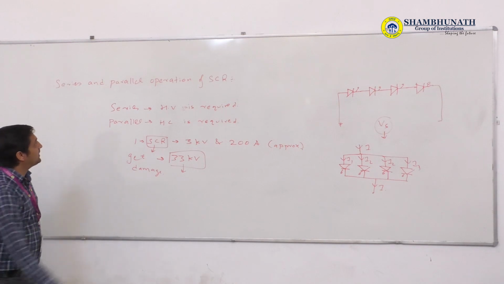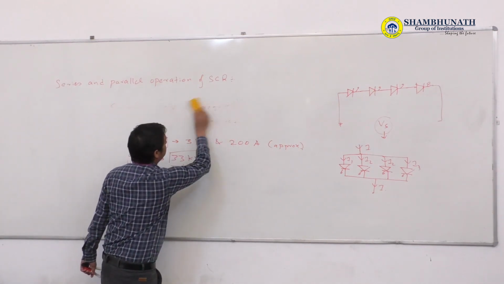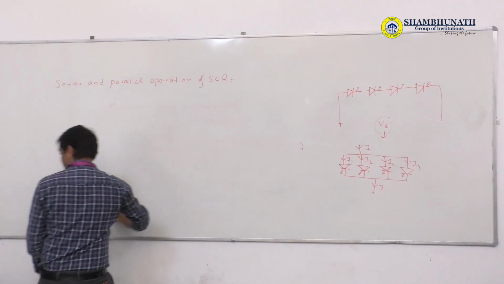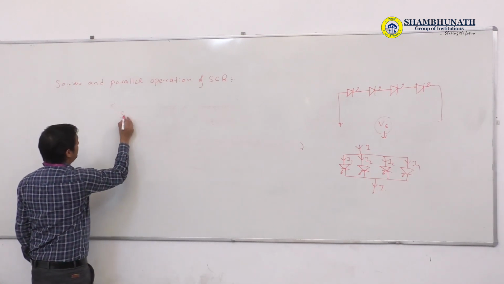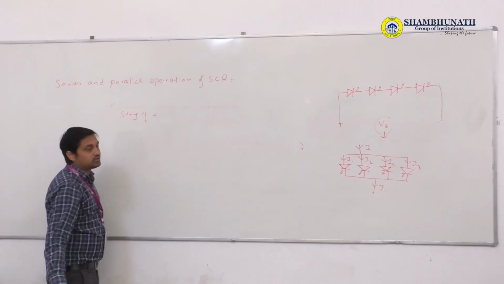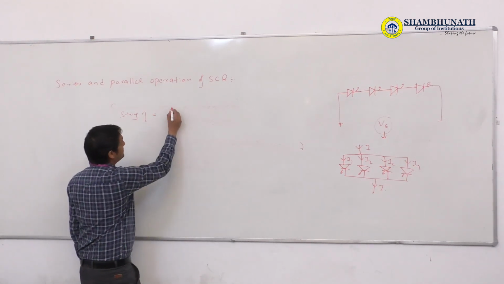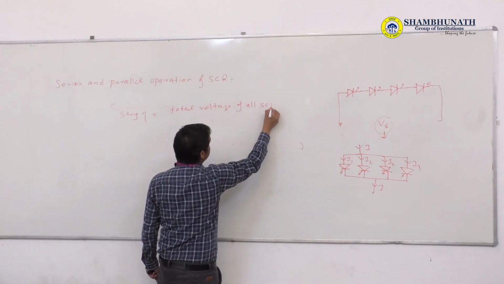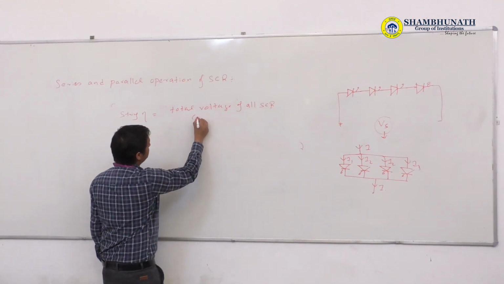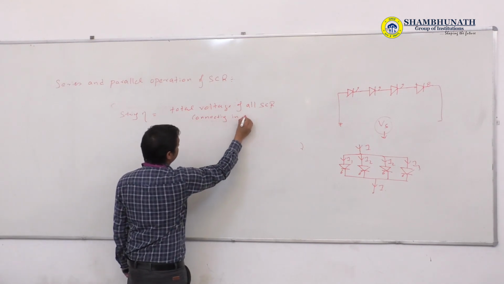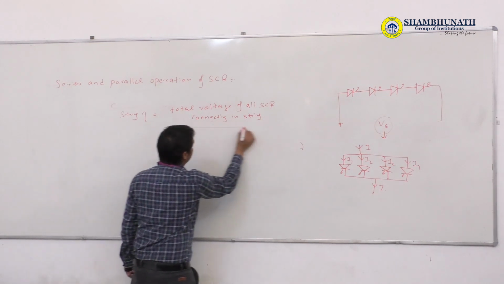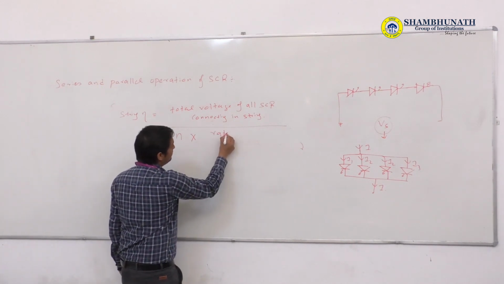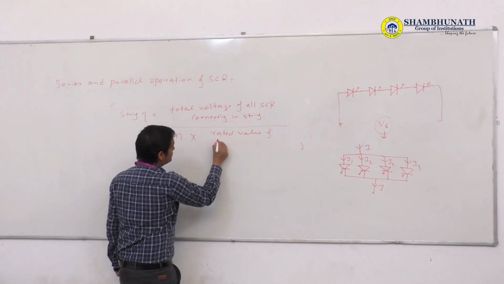String efficiency can be defined as the total voltage of all SCRs connected in a string, to the number of SCRs, which is equal to n, times the rated value of an individual SCR.